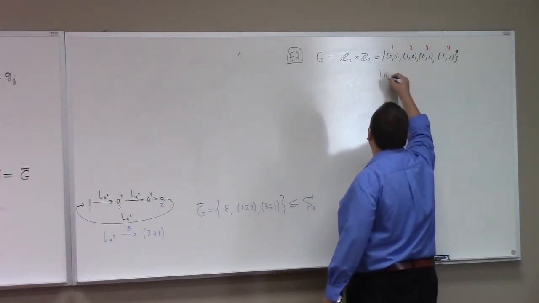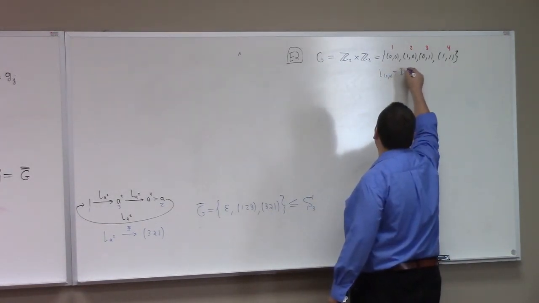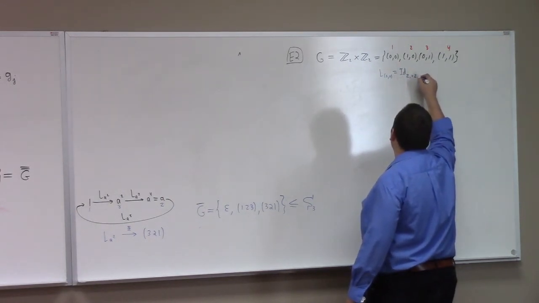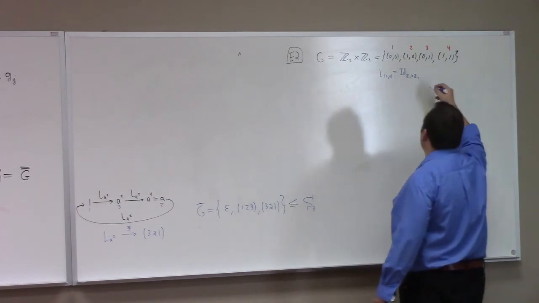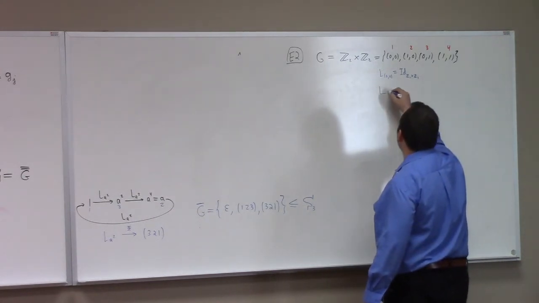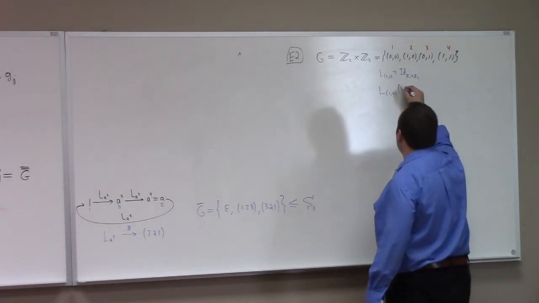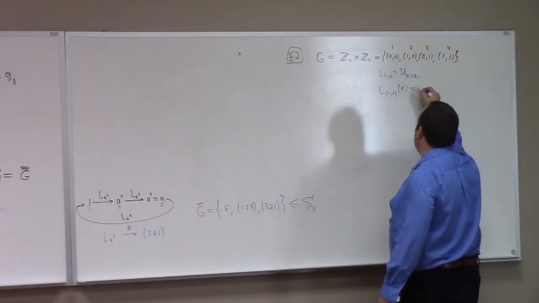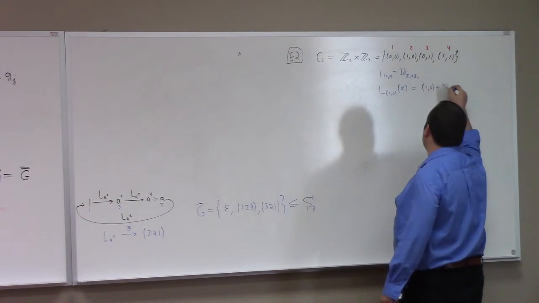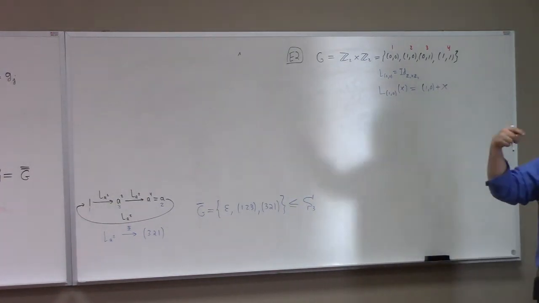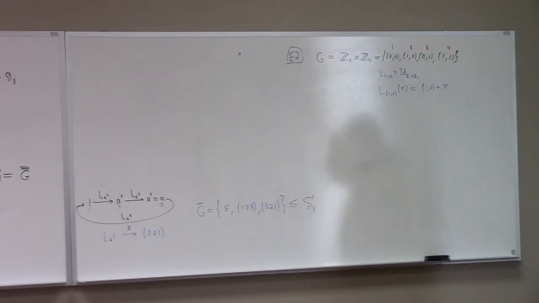We've got L of 0,0, which is equal to the identity, right? That's really annoying to write. It's too late, I wrote it. We have L of 1,0, and the way that works, that is equal to (1,0) plus x. Left multiplication, quote unquote, is left addition because we're in an additive group.